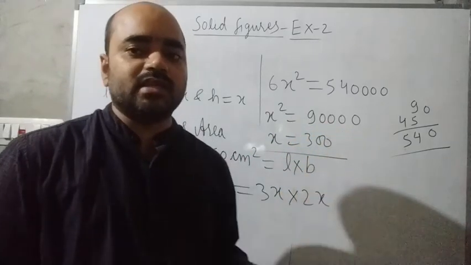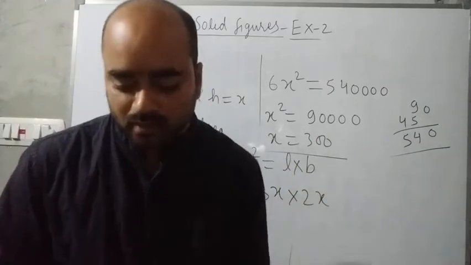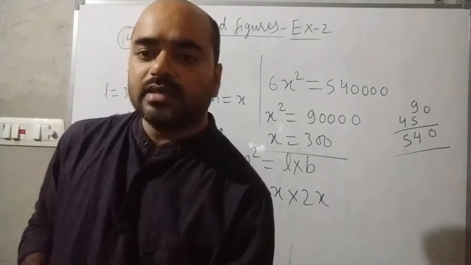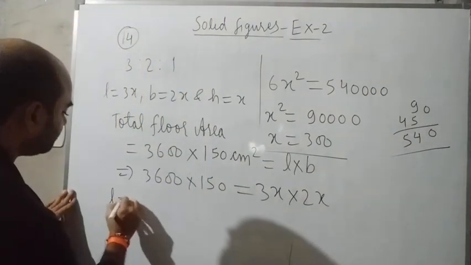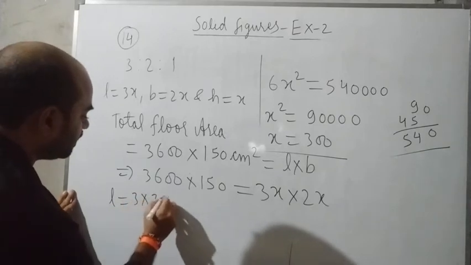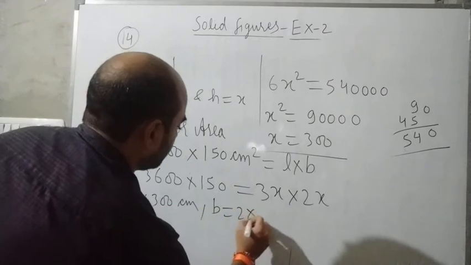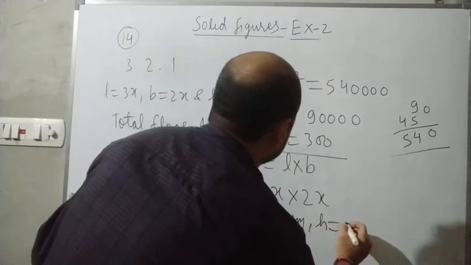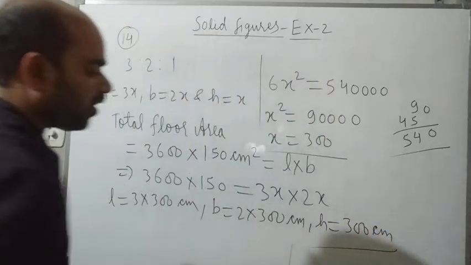If x is 300, can you find length, breadth and height? Correct? Only that is the question we have to find: length, breadth and height, the dimensions. So the dimensions are: length will be 3 into 300 centimeter, breadth will be 2 into 300 centimeter, and height will be x only, that is 300 centimeter, or you can write in meters.